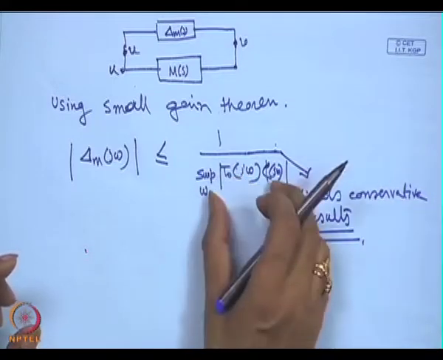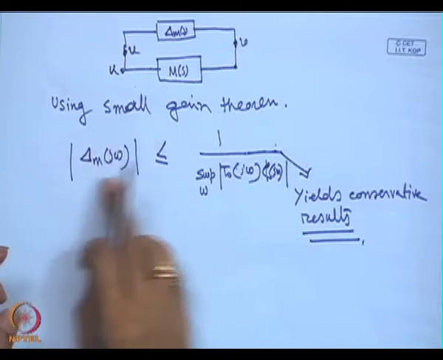That quantity you have to take, and that will give you the upper bound of the multiplicative perturbation. Again these results will give you conservative results. So, we have now discussed that to compensate the discrepancy between the plant model and the actual plant, we have used two models. One is the additive perturbation model, another is the multiplicative perturbation model.